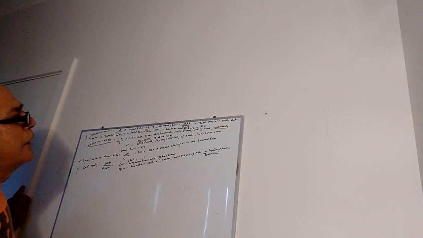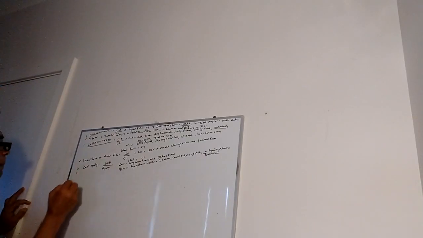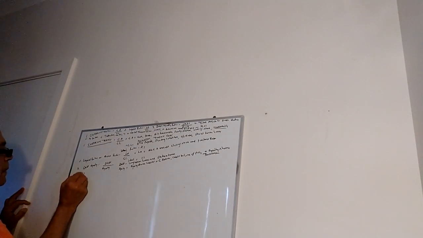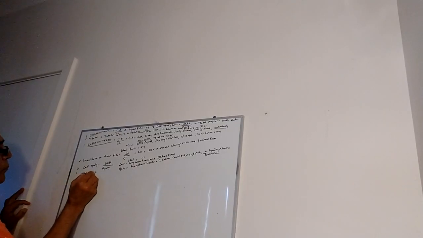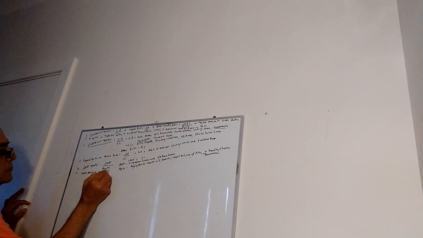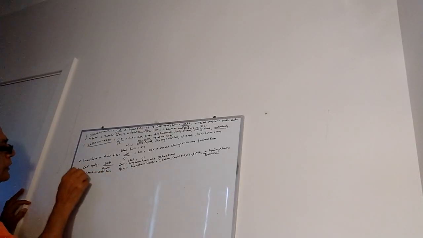Then fourth, total assets to debt ratio. Actually, this ratio shows the relationship between debt and equity, our own funds and debt.